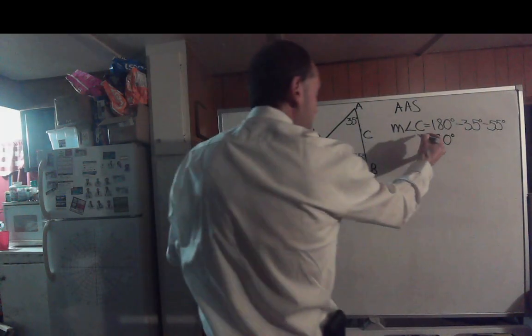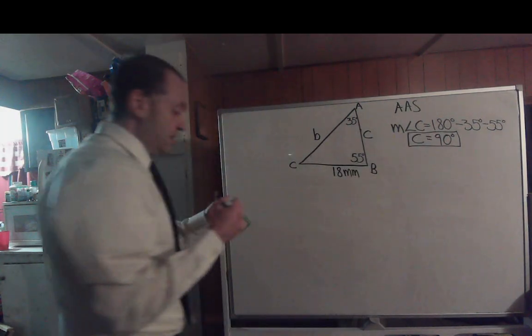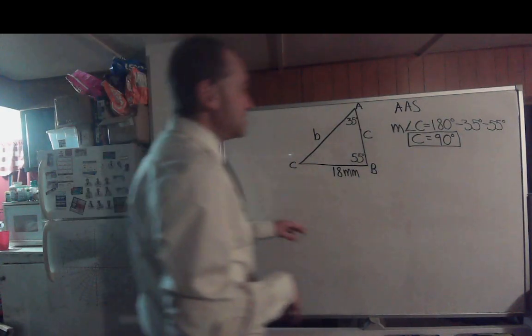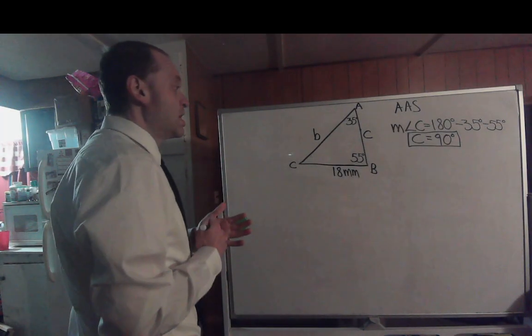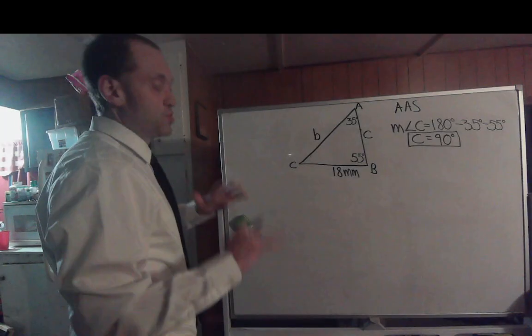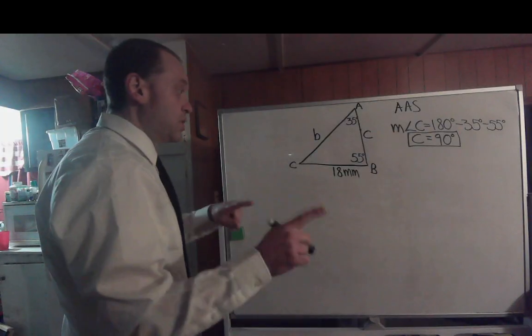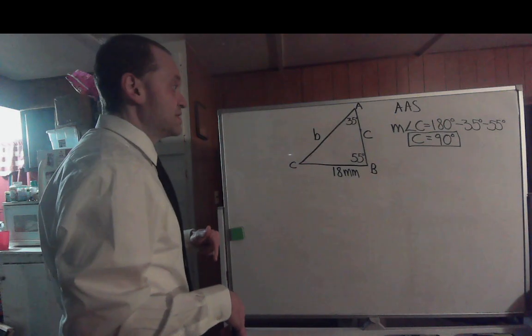And I do apologize that this is not exactly to scale. But I don't want to have to keep redrawing the triangle. So C equals 90 degrees, okay. And again, I know it's not to scale, just bear with me. So now that we know angle C, we've solved for all the angles. Now we need to find the sides.